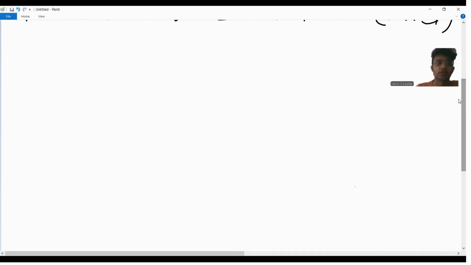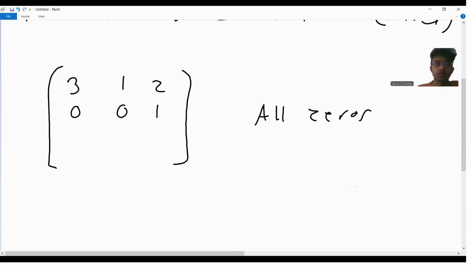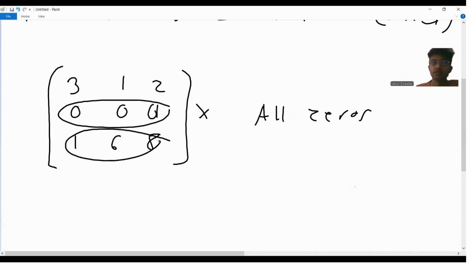The first one is that all the rows which contain all zeros have to be at the bottom. Suppose in a matrix we have rows like 3, 1, 2; 0, 0, 0; and 1, 6, 8. This is not an echelon form because the all-zero rows have to be at the bottom.